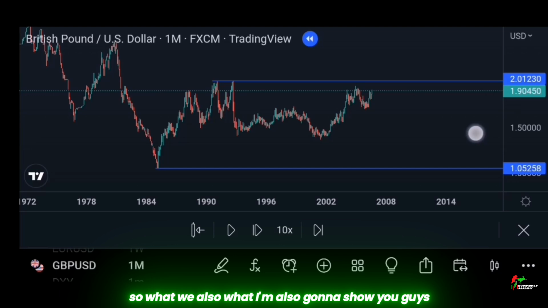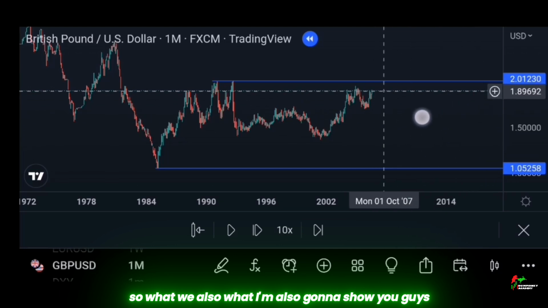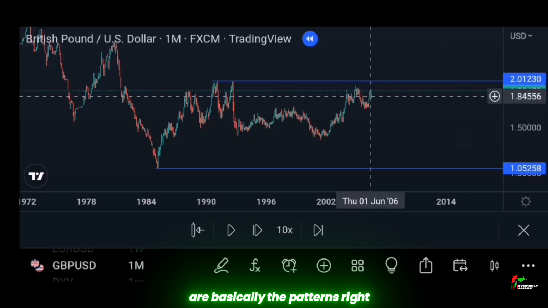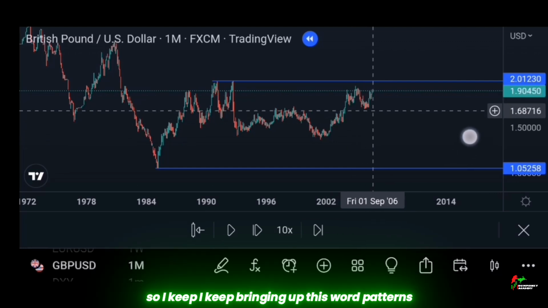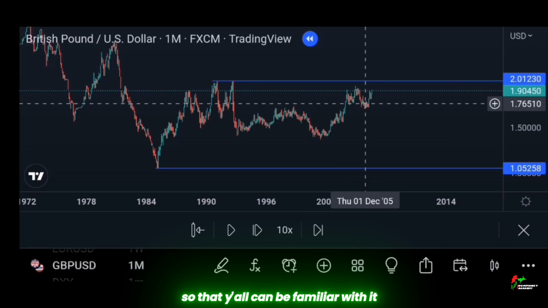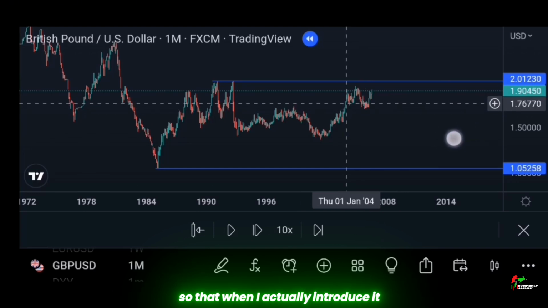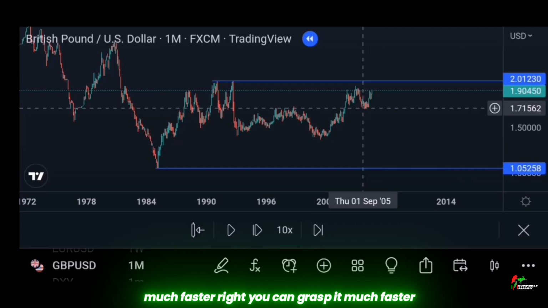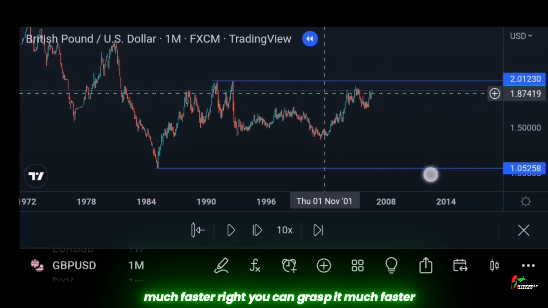I'm also going to show you the patterns. I keep bringing up this word patterns so that you can be familiar with it, so that when I actually introduce it, you can grasp it much faster.